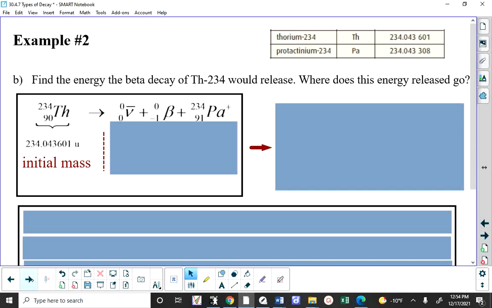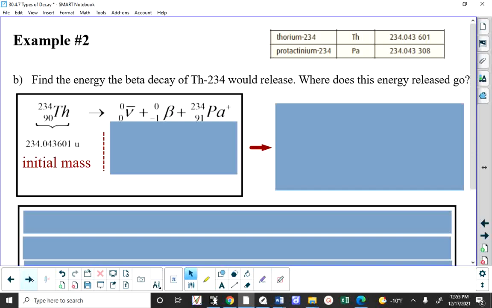Now, when I write down the mass of the protactinium, I have a problem because this number in your table is not the mass of this thing in the reaction, because that thing in the reaction is missing an electron. Still with me? But luckily, there's a beta particle that's produced, not out of nowhere, it's produced out of the neutron changing to a proton, but there's a beta particle here that has a mass equal to the mass of an electron, because a beta particle is an electron.